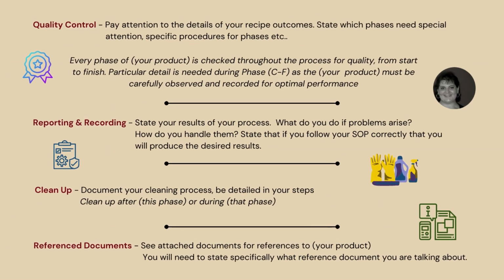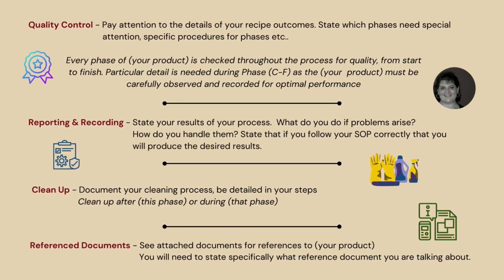Now the next heading is quality control. And here is where you will pay special attention to the details of your recipe outcomes. You need to state which phases need special attention, specific procedures, etc. Such as every phase of your product is checked throughout the process for quality from start to finish, and particular detail is needed during phases, say C through F, as your product must be carefully observed and recorded for optimal performance.